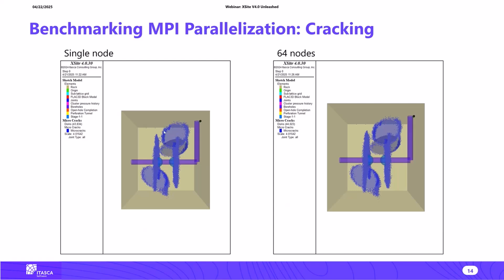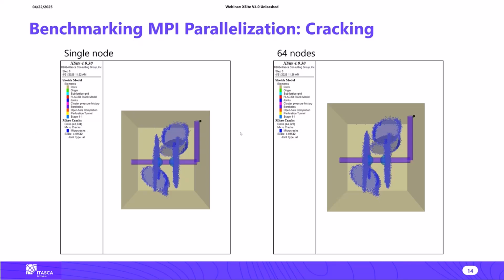These blue dots are basically micro cracks induced by the fluid injection, and we compare here the results for single node and 64 nodes, and we see that for all practical purposes they are the same. They are not identical, and again, this is the same thing as if you run a different model with slightly different discretization or different mesh. There are small changes, but they are completely negligible.